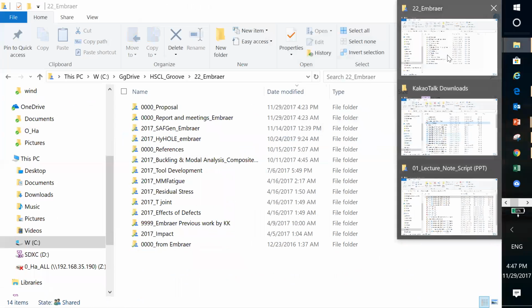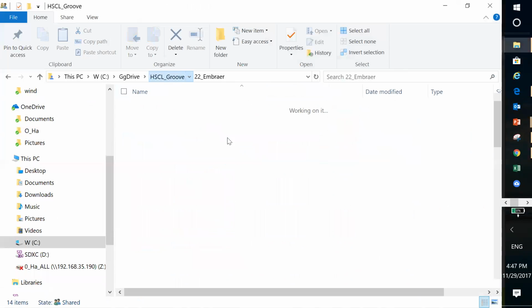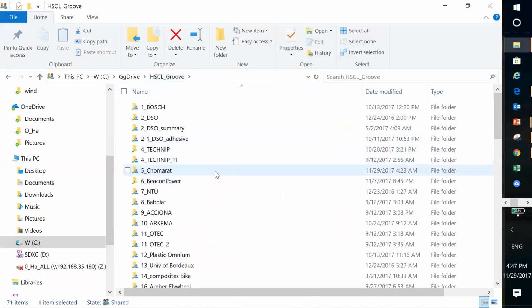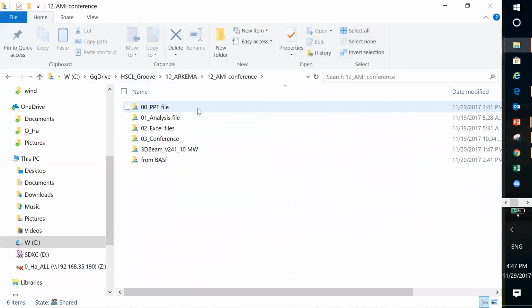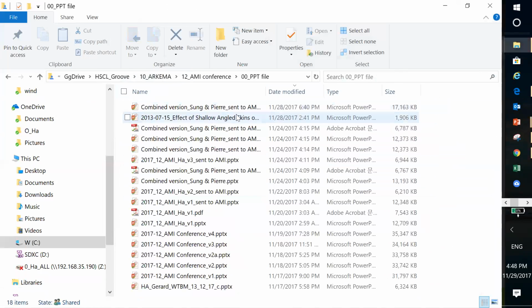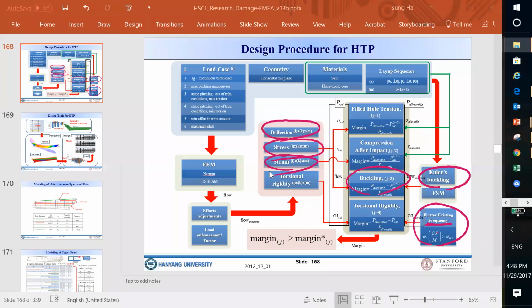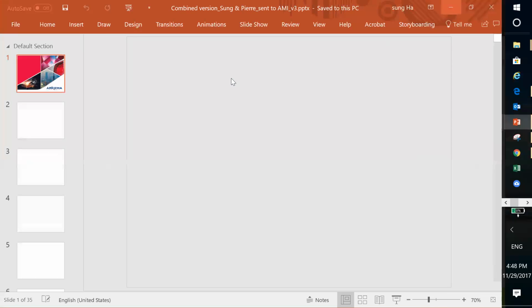Now, different structures. This is another project we are doing right now with Arkema. Arkema is a French company which developed materials.